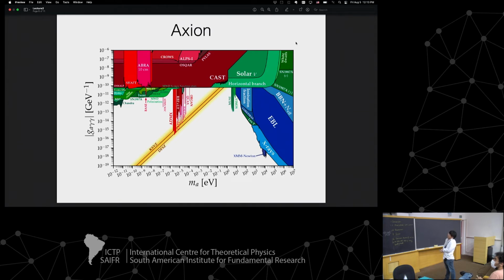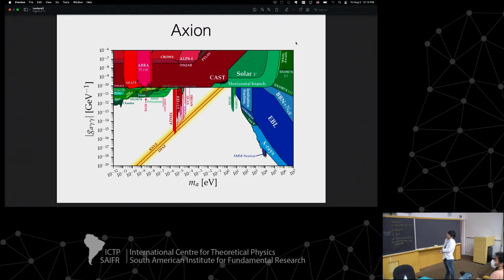This yellow line represents the QCD axion. The QCD axion has a very specific coupling to nucleons because it couples mostly to QCD particles. It can get photon coupling through its mixing with pions and also through loops, but that contribution is somewhat uncertain, which is why for different models this coupling can be different.